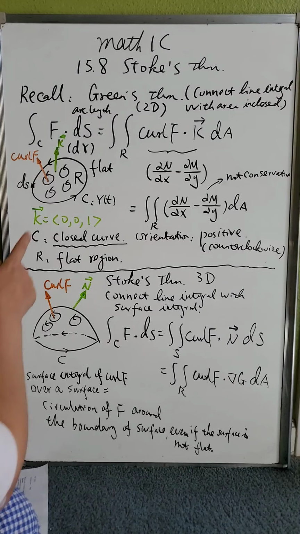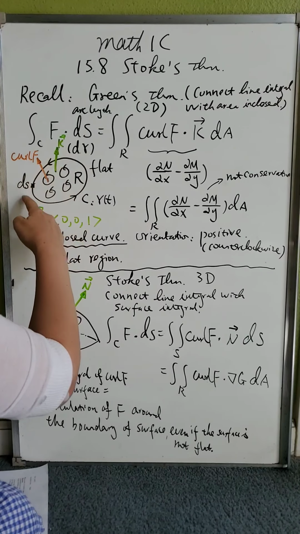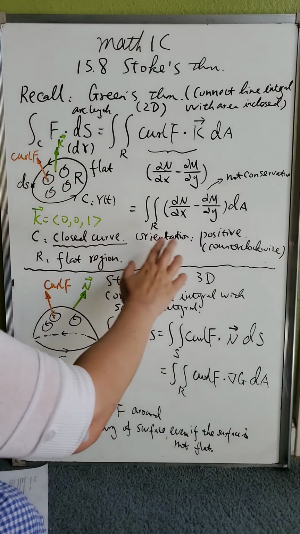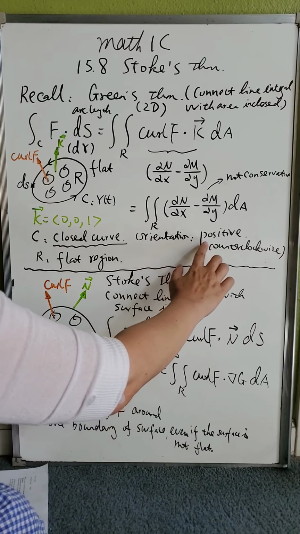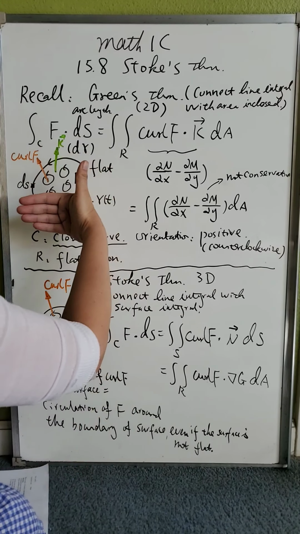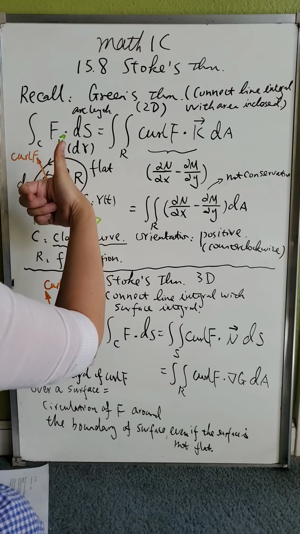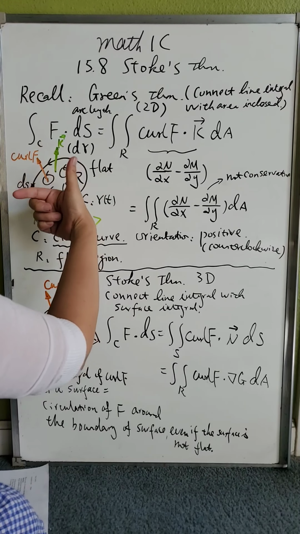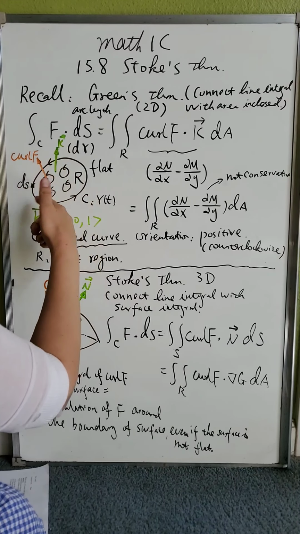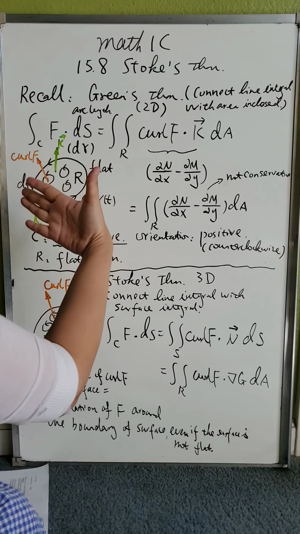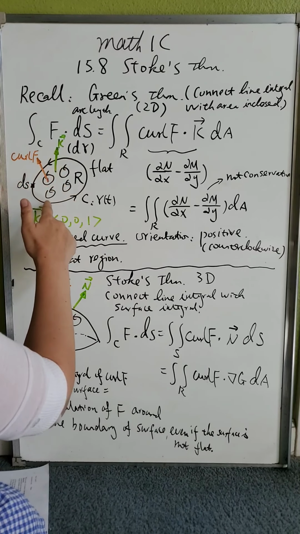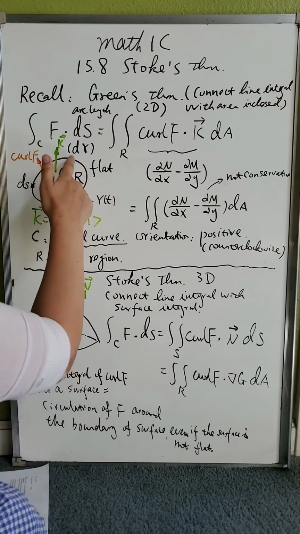Green said as long as you have counterclockwise orientation, he used counterclockwise as the orientation for positivity. And use the right-hand rule like this: the thumb represents the normal direction, and the fingers represent the circulation, the counterclockwise.